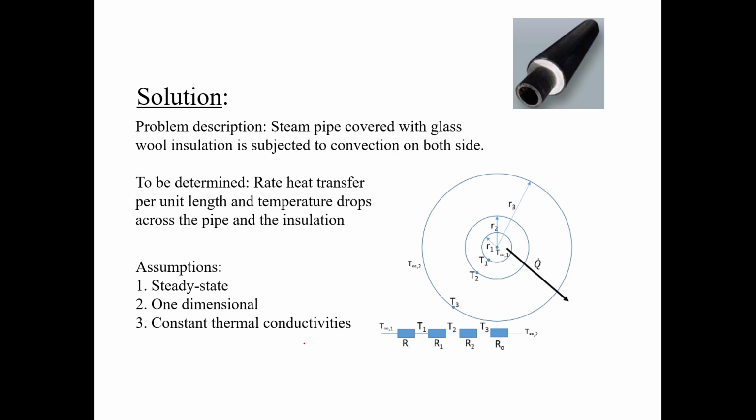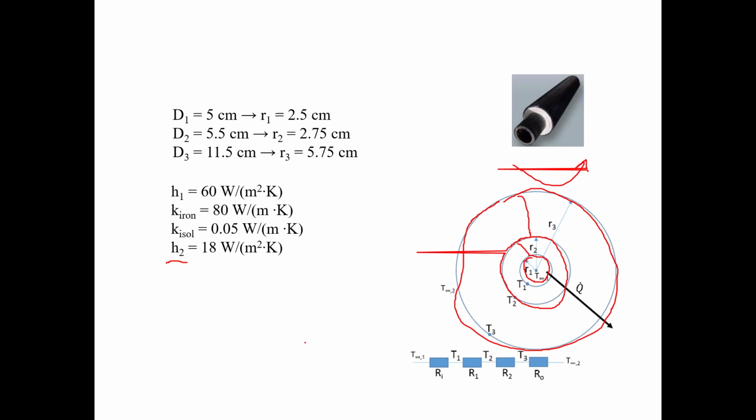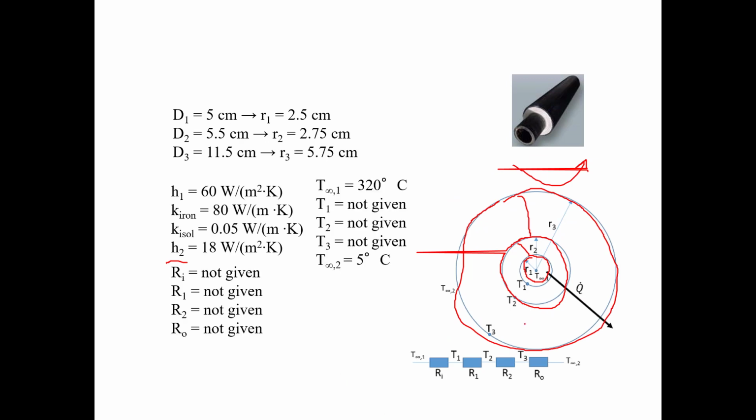Okay, so if we use all this information, we can see that we have convection that is happening inside the pipe. Then we have the conduction that is happening in the wall of the pipe itself. Then second, conduction in the insulation layer, and then we have the final convection that is happening outside the wall of the pipe.